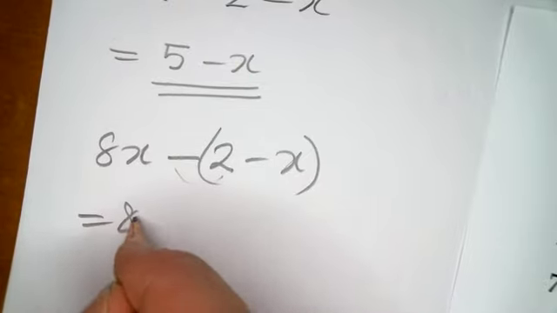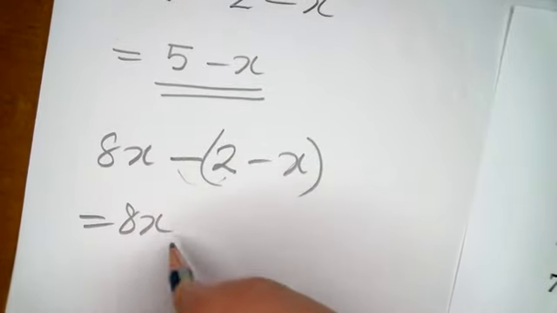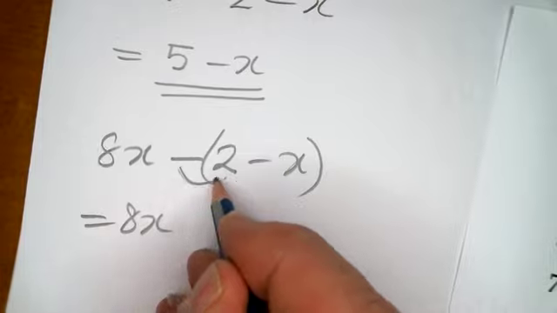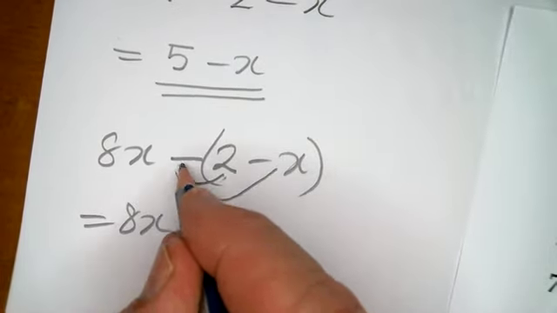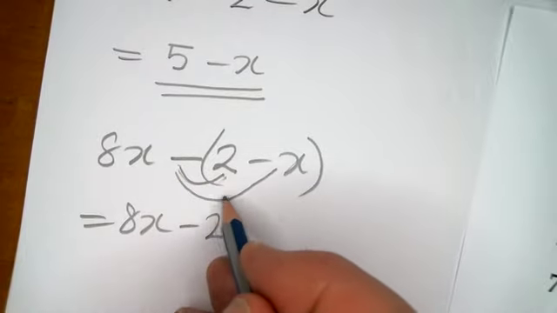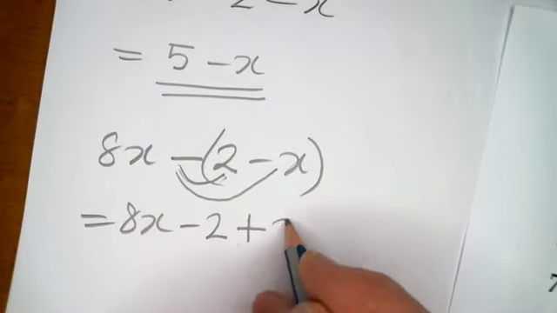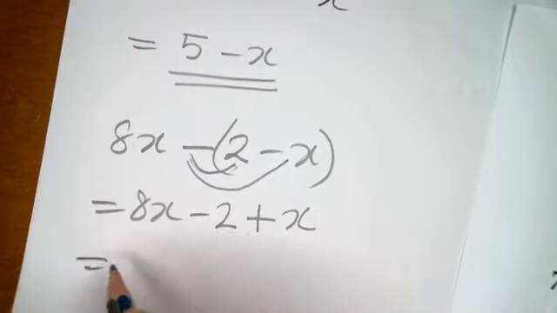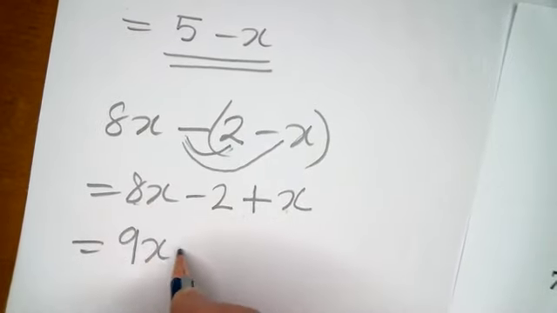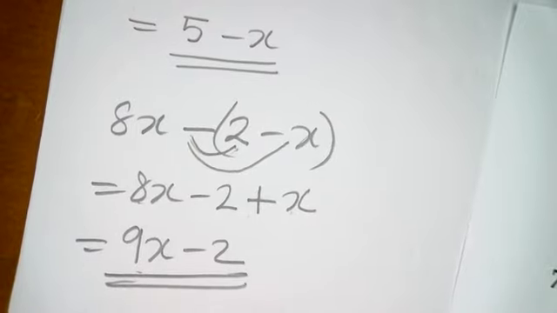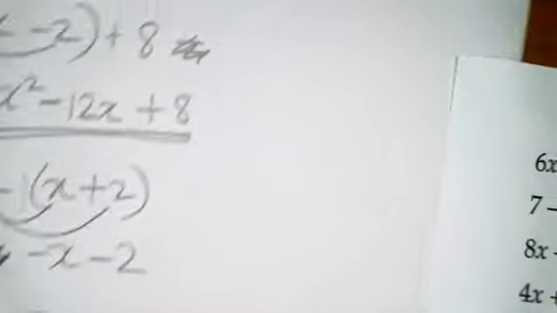So this is 8x and I've got a plus there, it doesn't make any difference, a negative 2 and then a negative x. Well, two negatives multiplied together, because that's negative times negative, is going to be positive x. So I'm left with 8x and an x is 9x minus 2. And there's my solution.